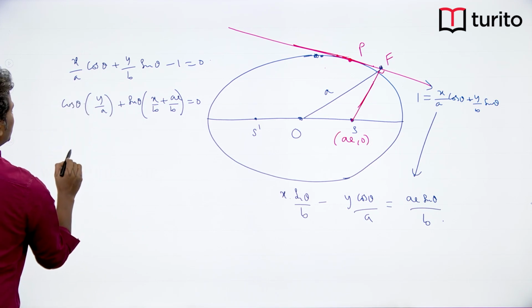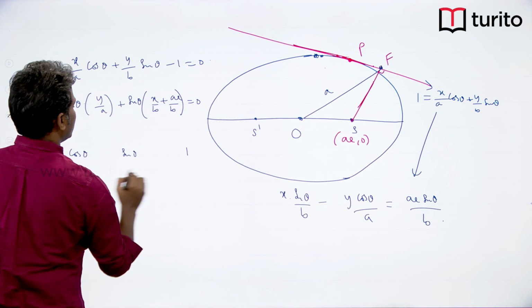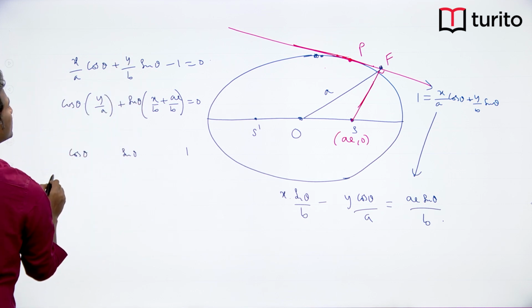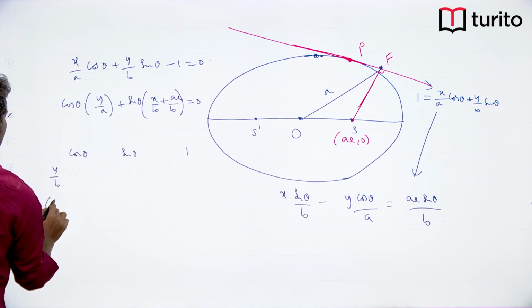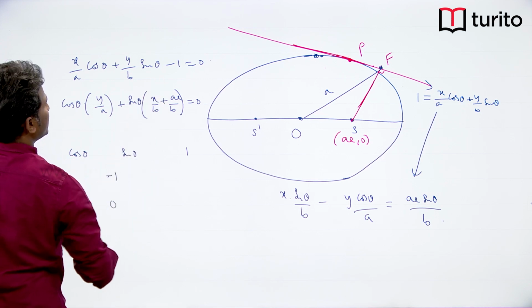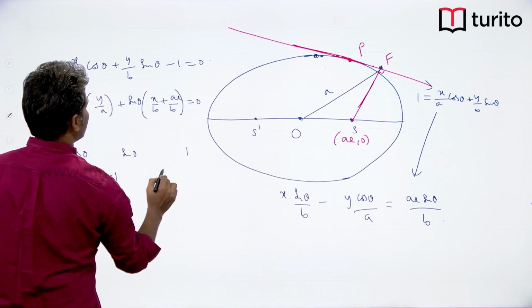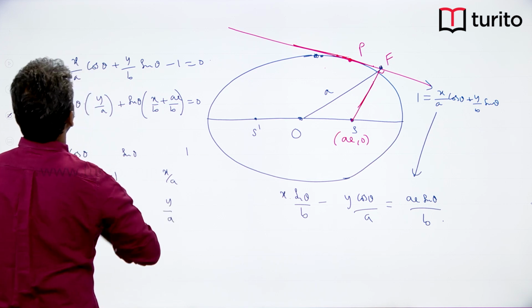I will put cos theta here, sin theta here, 1 here, and coefficients of sin theta will come here, which are y by b and here x plus AE by b, and the constants will come here, minus 1, 0, and next coefficients of cos theta will come here, x by a and here y by a.